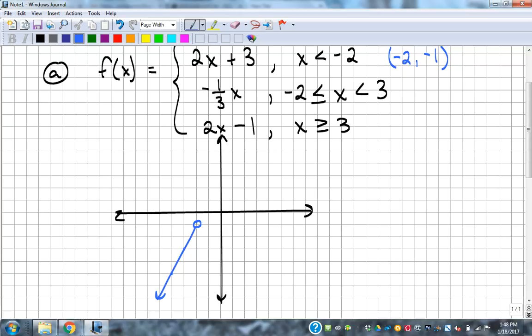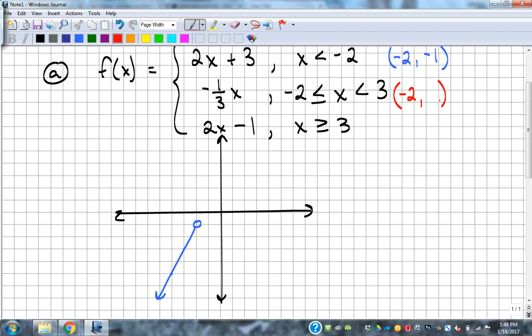Piece number 2, look at its inequalities. It's more complex, right? How many important points do you think this inequality is going to get us? 2, because there's how many numbers there? 2 endpoints. Okay? So we want to take these and plug them into that part and get the 2 important points that go with that. So I'm gonna draw this one in red. So I'm gonna use these.